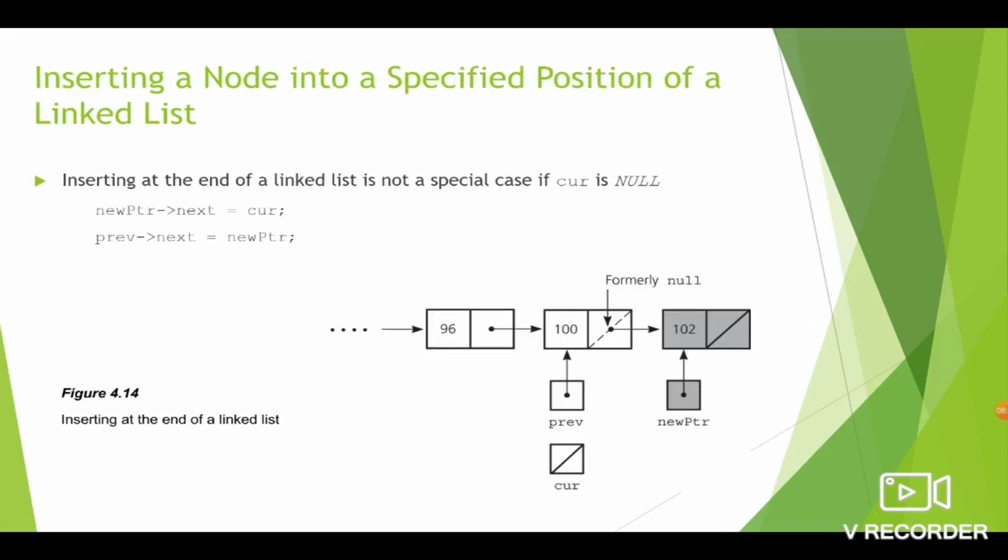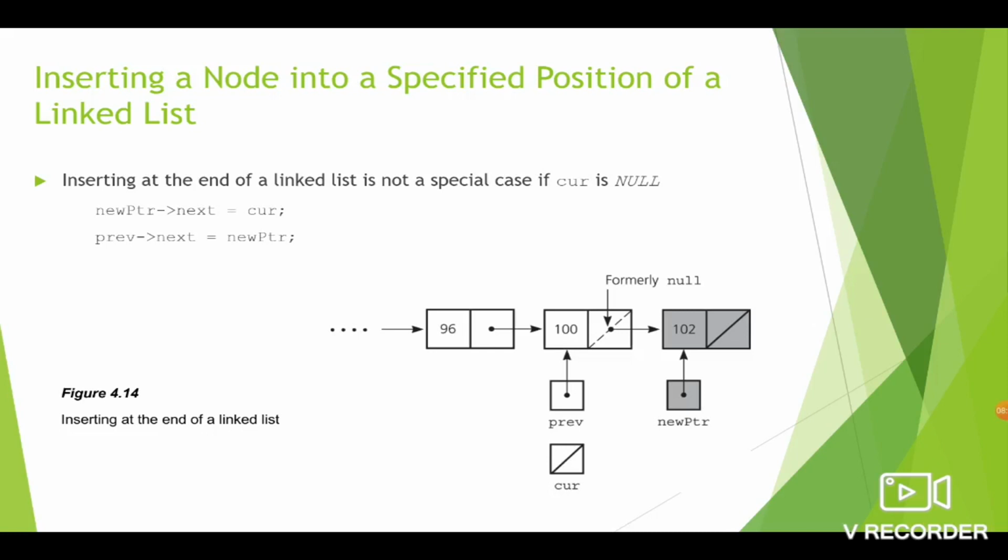The third case is insertion of a node at the end of the linked list. So this is the case where we are going to insert the new node at the end of the linked list. Normally in a singly linked list, the next part of the last node is always null.